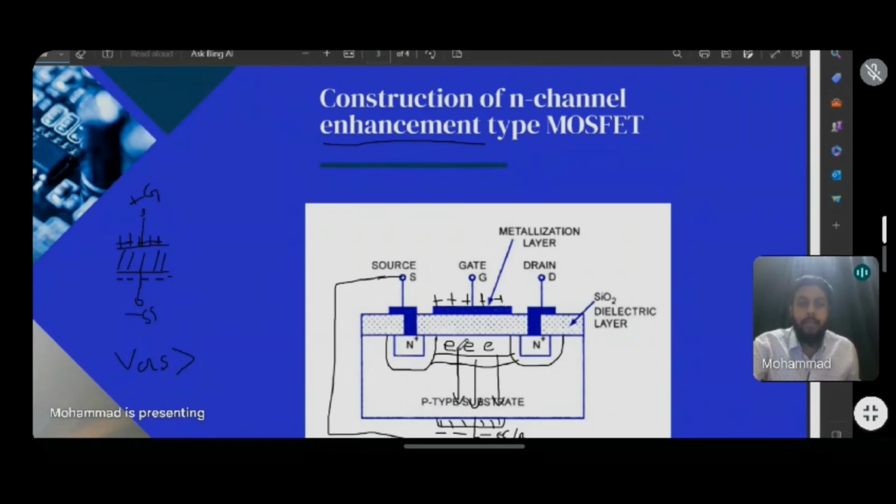So there is a minimum voltage that has to be surpassed by VGS for the easy movement of charge. That minimum voltage is known as the threshold voltage. So VGS has to be greater than VT, the threshold voltage, for the easy passage of charge from the source terminal to the drain terminal.